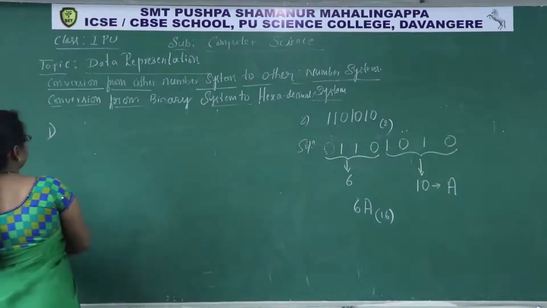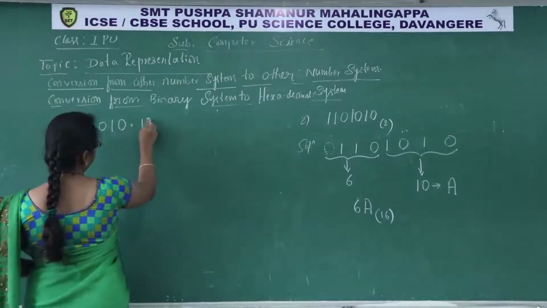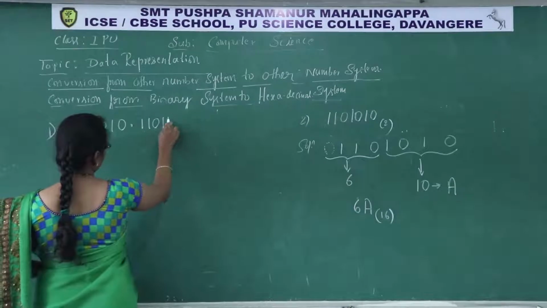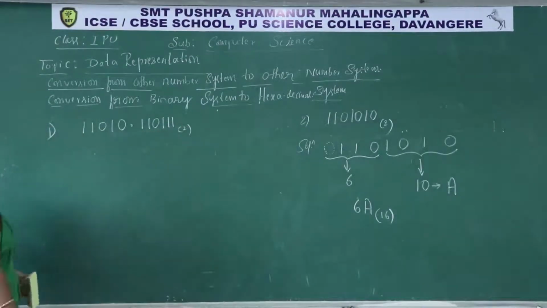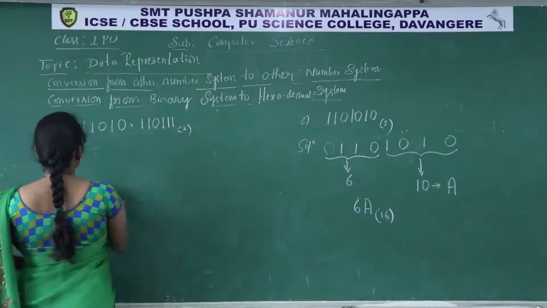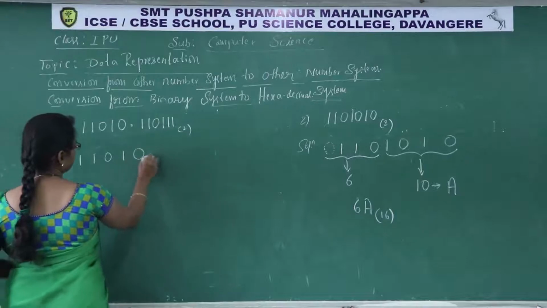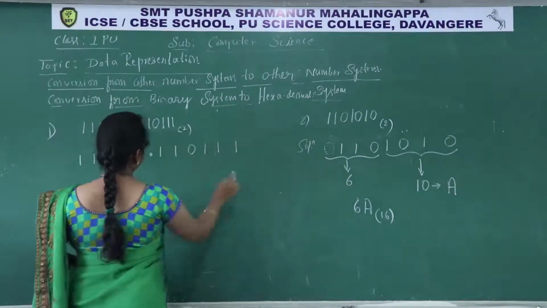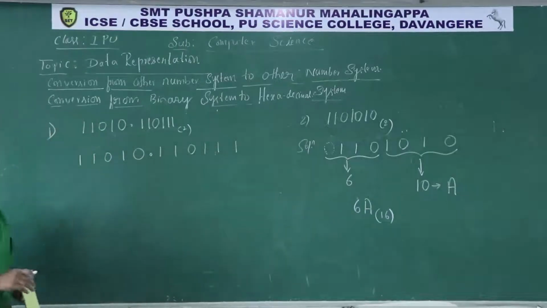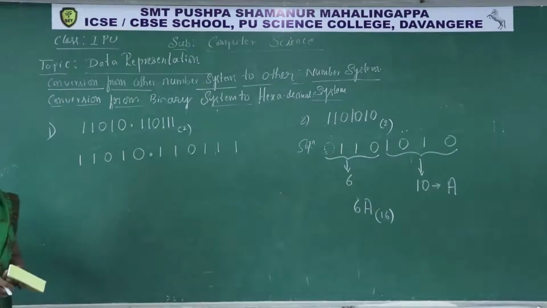I'll take another example. 1110.110111 base 2. Now this is a fractional binary. Let us consider the integer part first. As usual, the grouping starts from the LSB.